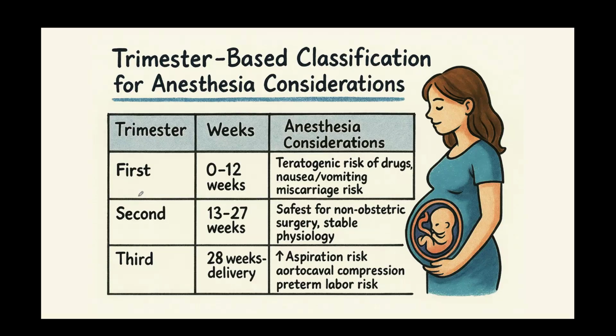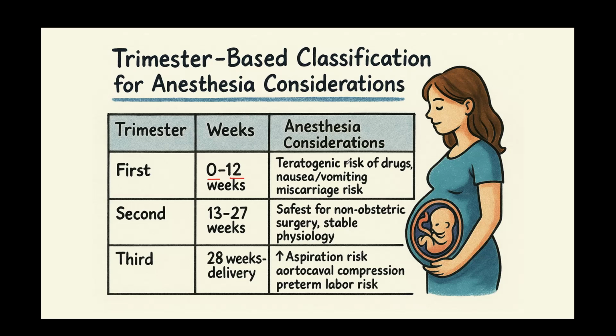Trimester-based classification for anesthetic consideration. As we mentioned, we have three trimesters. The first trimester starts from week 0 till week 12, and this is where teratogenic risk has great potential, besides nausea and vomiting, and there is a high risk of miscarriage.